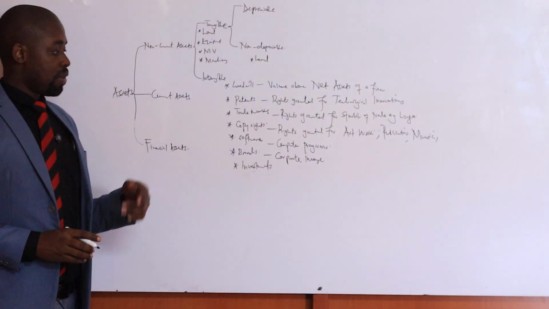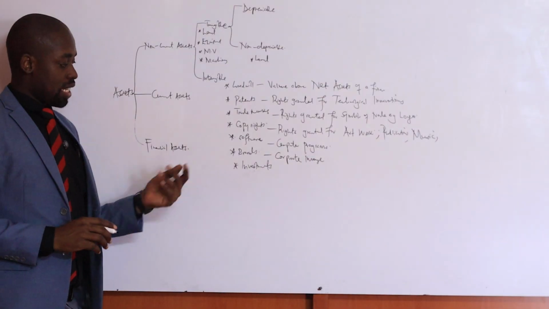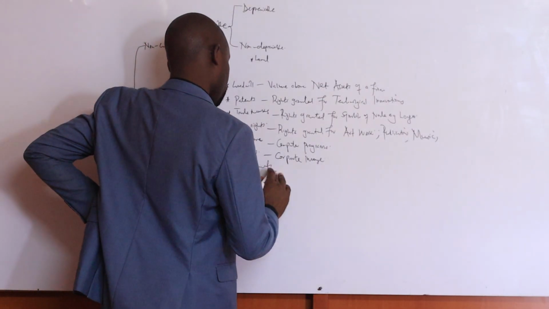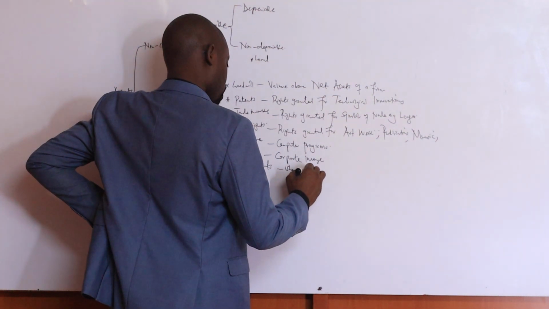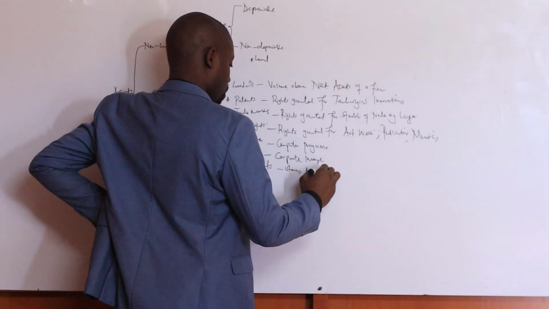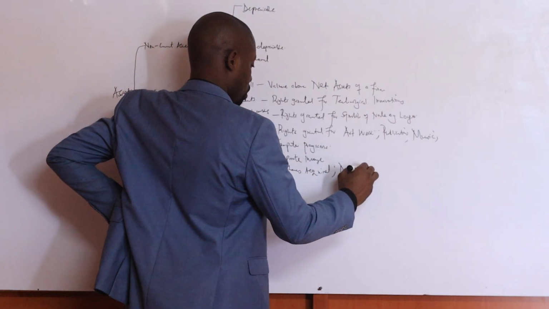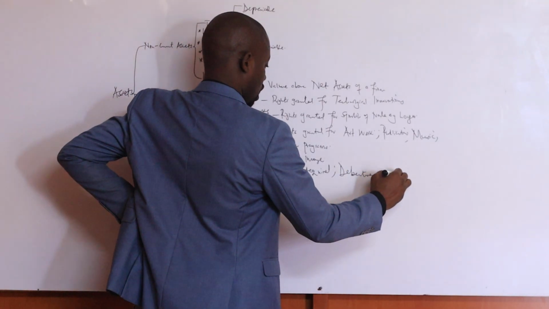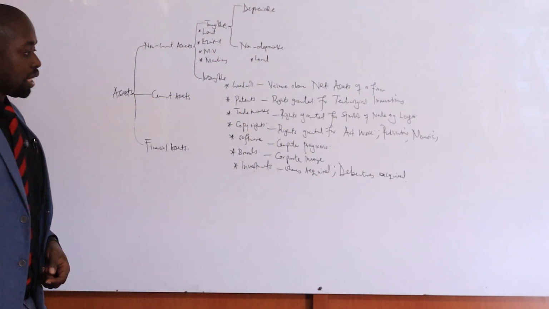And then you have investments. Investments are volatile assets, e.g., investment in ordinary shares. When you acquire shares, so shares acquired by the business. You can have debentures acquired. You can have bills and bonds from the government that you've acquired.